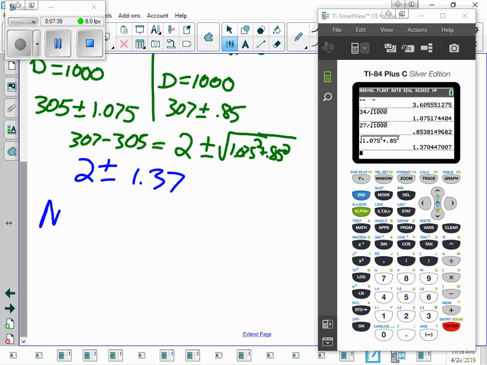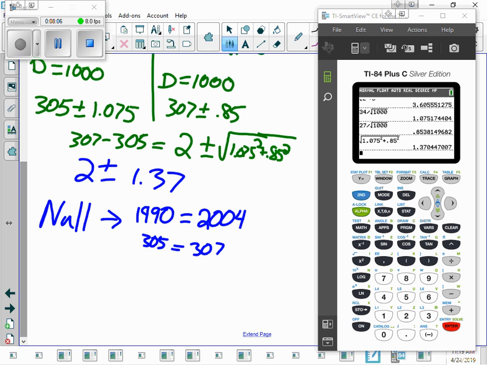So what is my null? What does the null hypothesis say? The null hypothesis says that the scores for 1990 are equal to the scores of 2004. Essentially we're saying 305 is the same as 307, or we would say no difference.